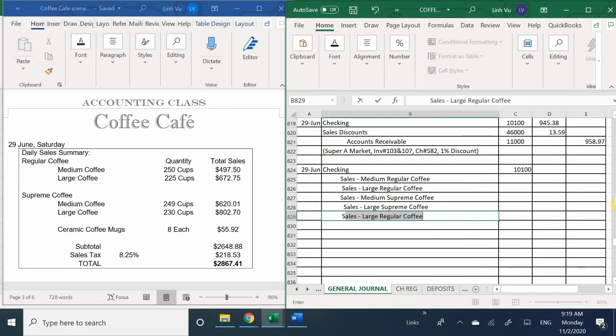Sales ceramic mugs, coffee mugs. And then we have sales tax payable.